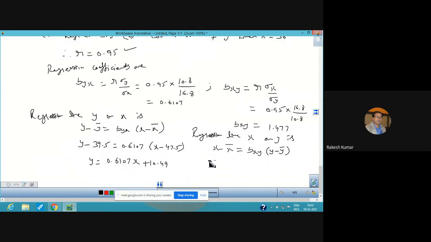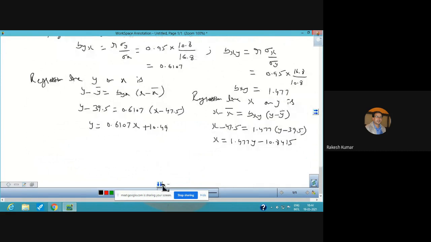And on this side, x minus 47.5 equals 1.477 times y minus 39.5. So x equals 1.477y minus 10.8415. So this is your second regression equation. This is the regression equation x on y, and this is your regression equation y on x.